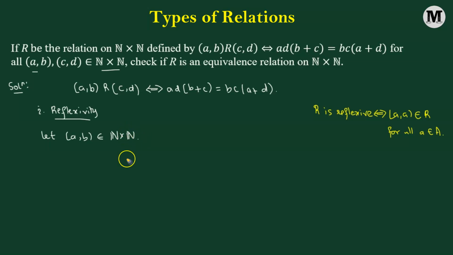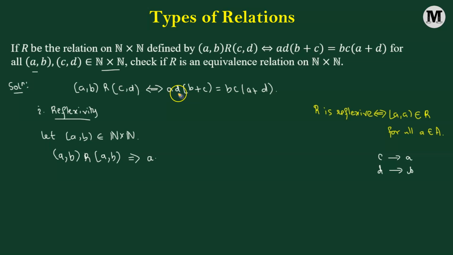If we relate it to the same ordered pair (a, b), then according to the definition of the relation, wherever we see the letter c we replace it with a, and wherever we have the letter d we replace it with b.